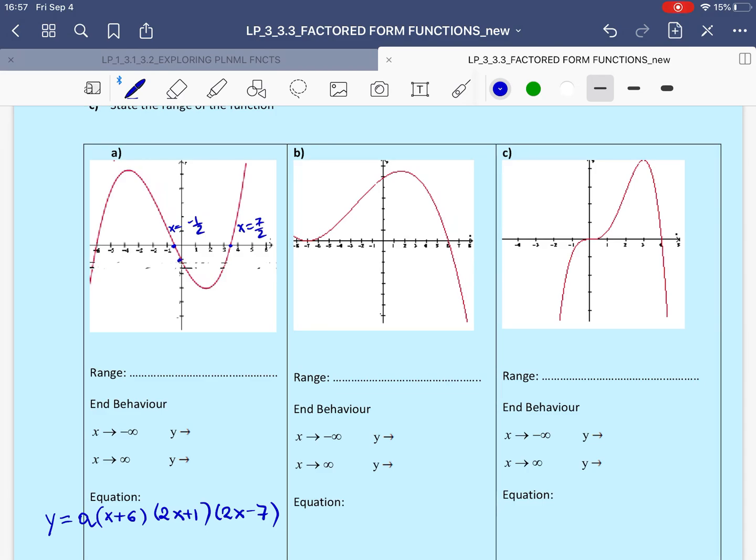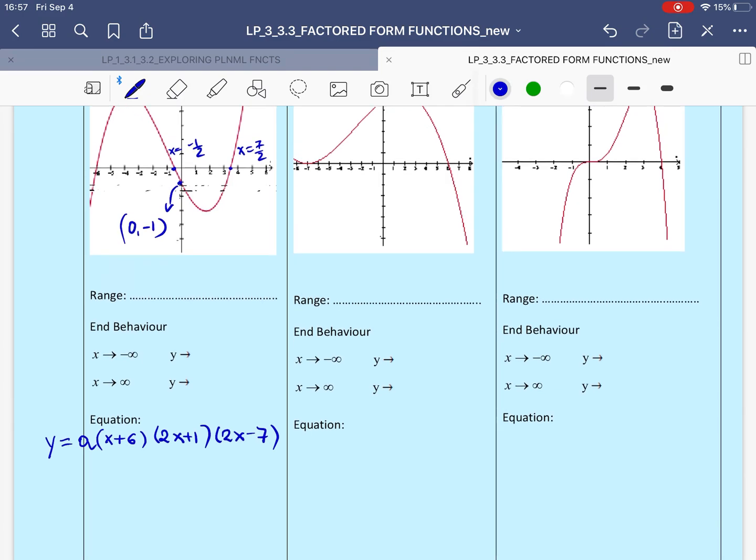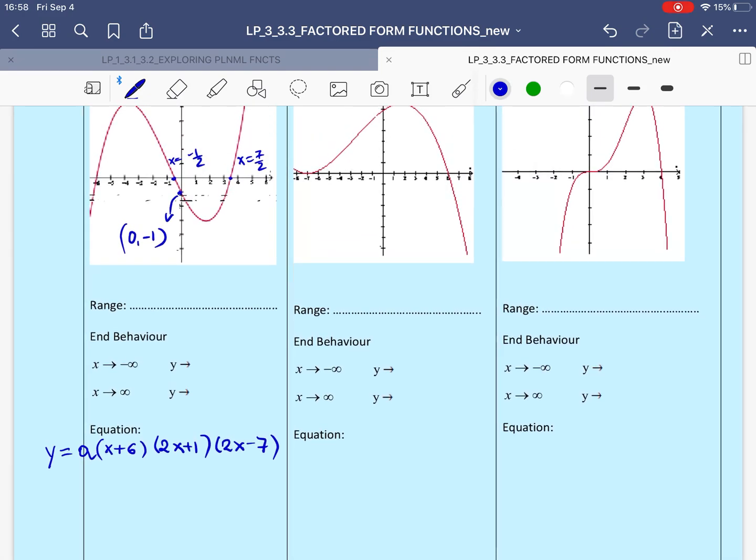We still don't know what the value of a is, but we do see that it has a y-intercept at -1. So we're going to use this to find the coefficient a. So if x equals 0 and y equals -1, that means -1 equals a times (0 plus 6)(0 plus 1)(0 minus 7).